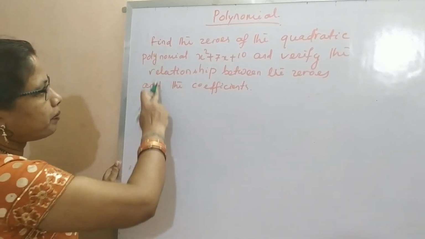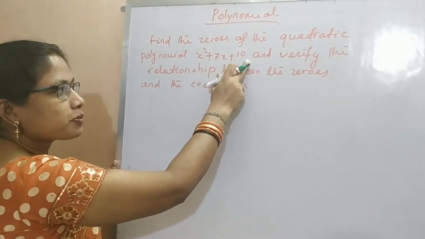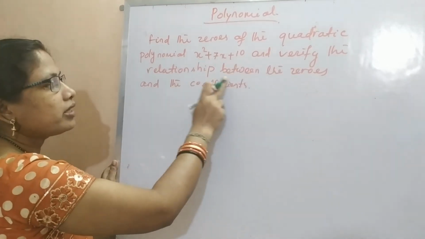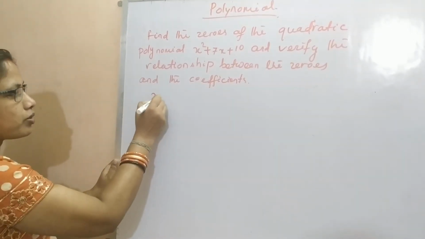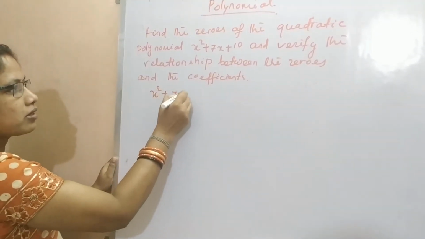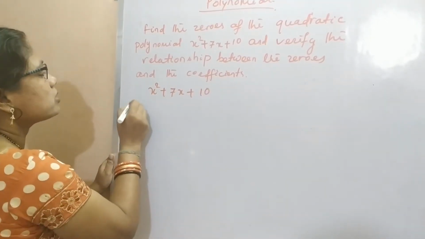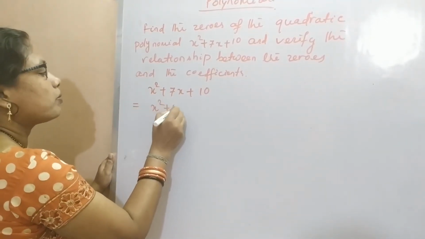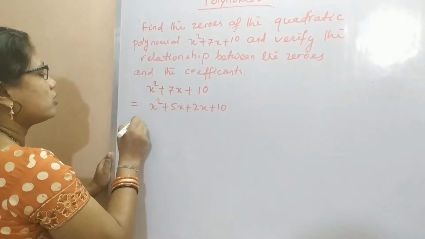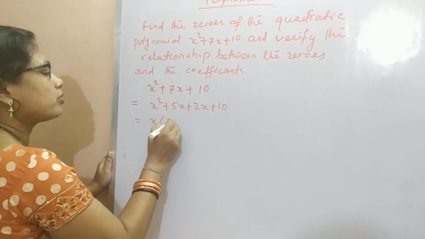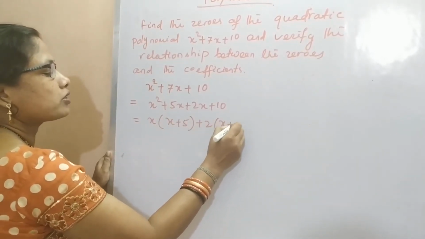Next example: find the zeros of the quadratic polynomial x square plus 7x plus 10 and verify the relationship between the zeros and the coefficients. So x square plus 7x plus 10, we have to find the zeros first. So this is equal to x square plus 5x plus 2x plus 10. So this is equal to x whole into x plus 5 plus 2 whole into x plus 5.